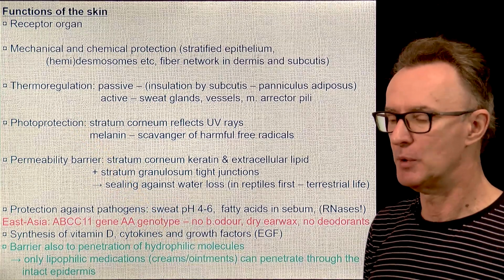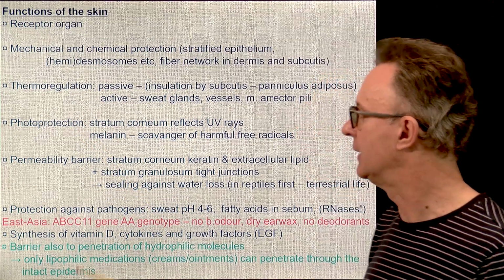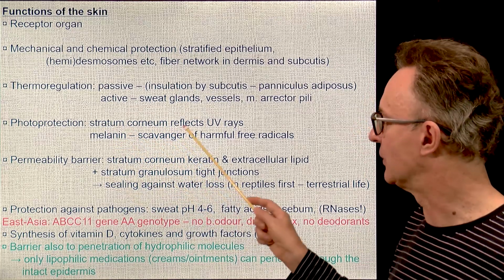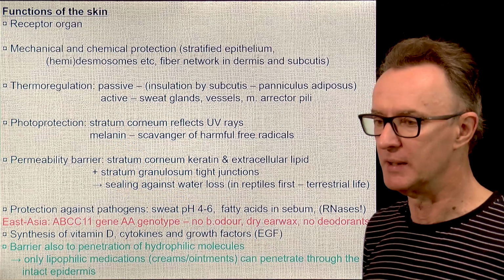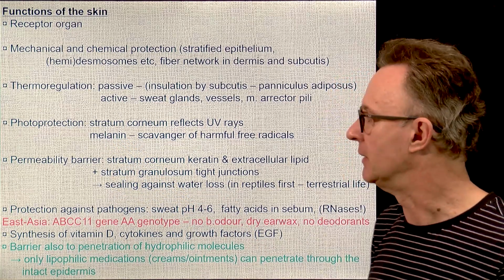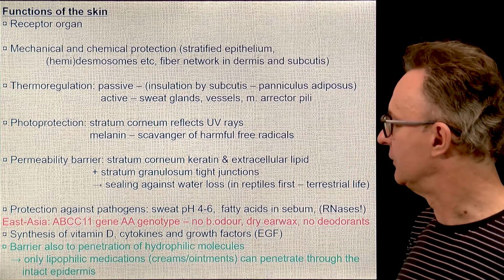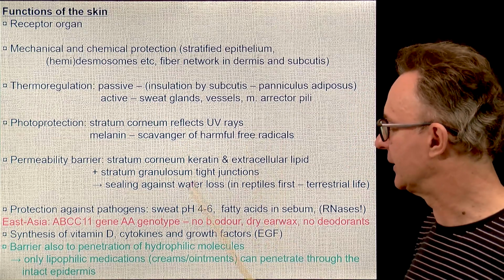And we have photoprotection related to the skin with two components. One is the Stratum Corneum, which is able to reflect the UV rays, and the melanin itself, I told you earlier, in the melanocytes, which is a scavenger, which is able to bind the harmful free radicals.